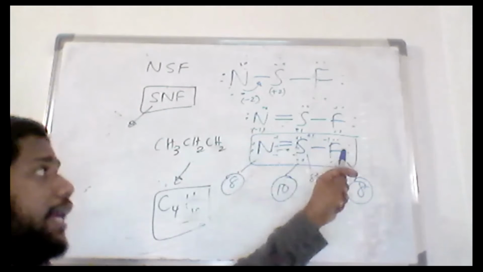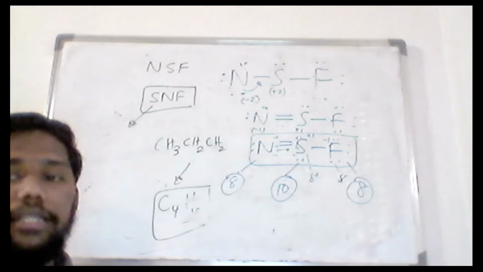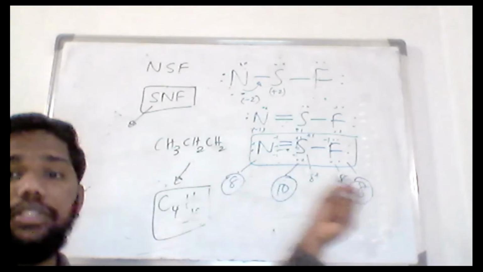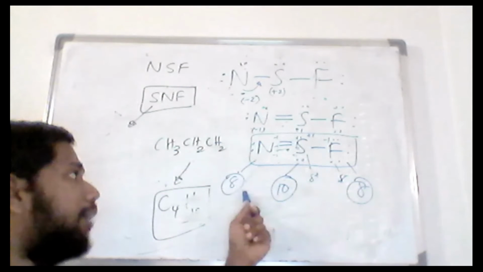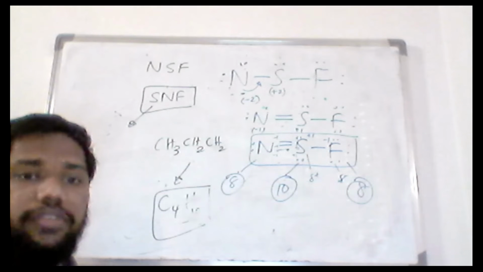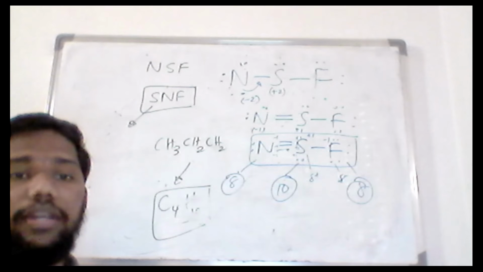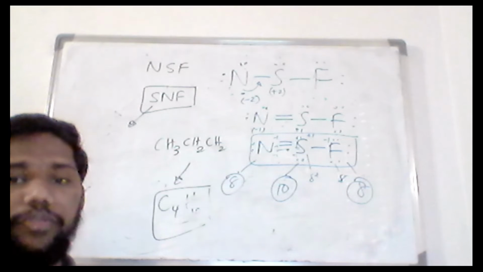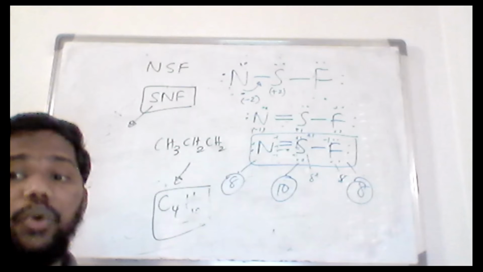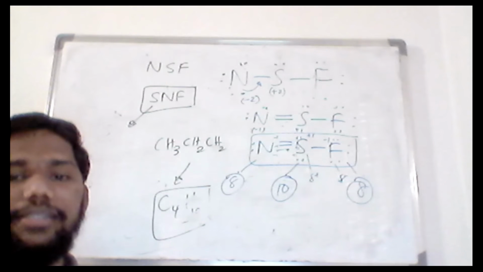Remember, nitrogen and fluorine are in the second period, right? In the second period, to achieve octet configuration, the maximum number of electrons you can have is 8. But when you go down a period, sulfur is in the third period, where n is equal to 3, so you have empty 3d orbitals.